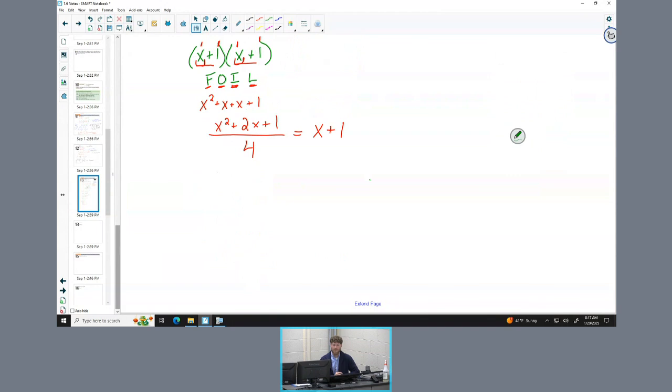We got to do opposites. Right? Anybody? Multiply. We got to multiply by 4. What we do to one side, we do to the other side. The 4 cancels out, and I have x squared plus 2x plus 1 equals 4 times x plus 1.